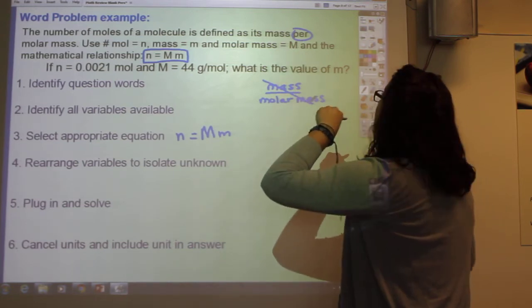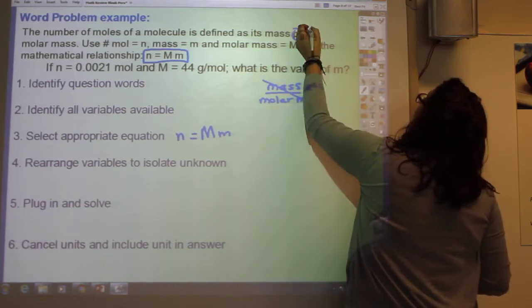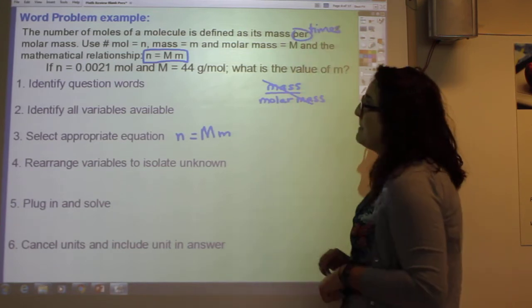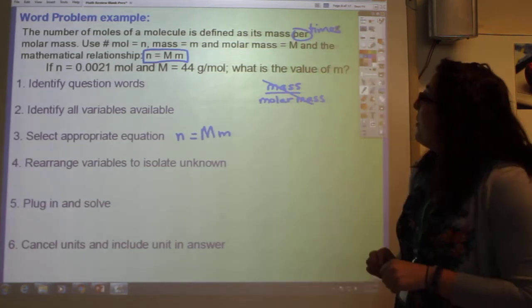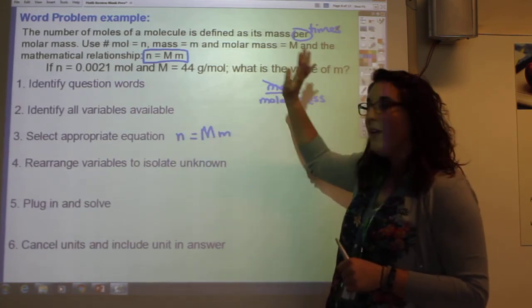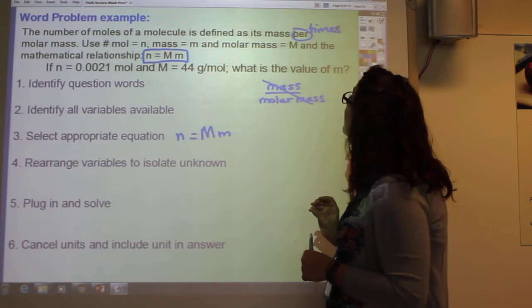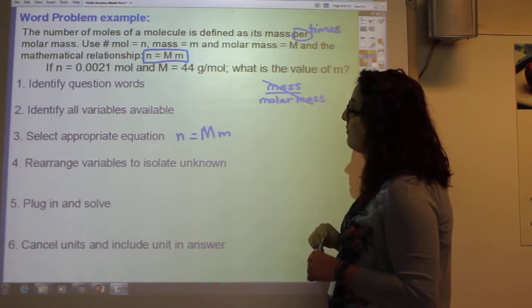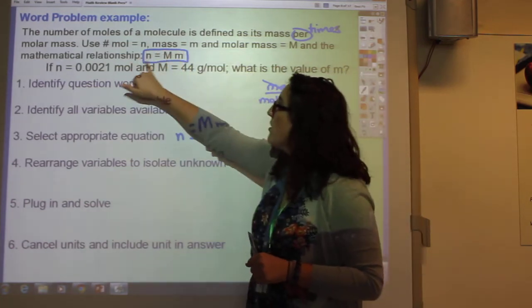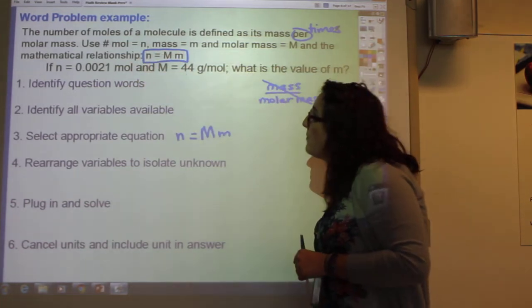It's defined as mass times the molar mass. So, this is our equation. Ignore that. That was a typo, I think, from the assignment, because this is the equation given. We're going to use this equation, okay?